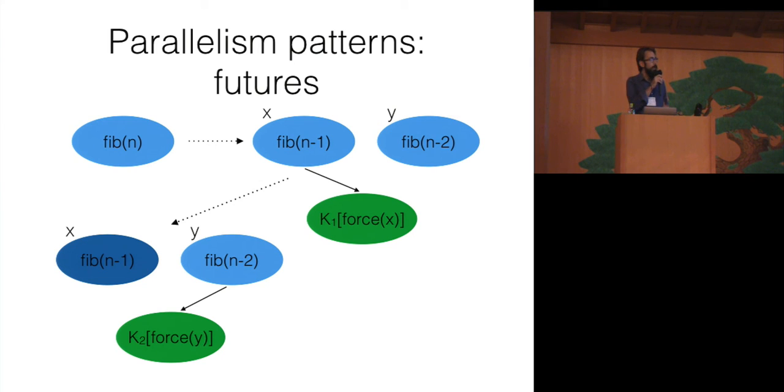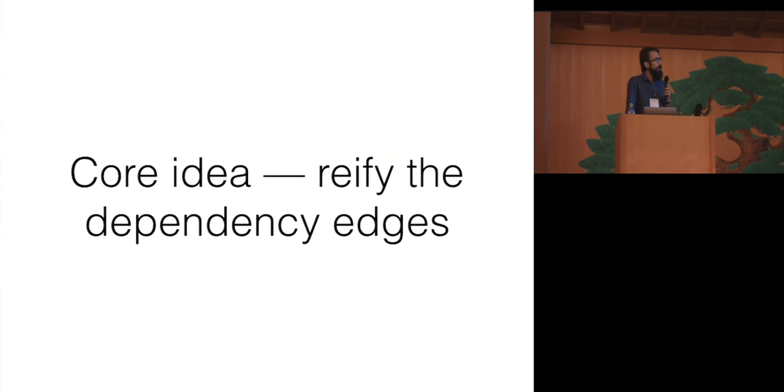So what observations can we derive from that? The one that we tried to build on is that we can reify these separate computations and the dependency edges between them and build a computation DAG of separate sequential tasks that can interdepend.